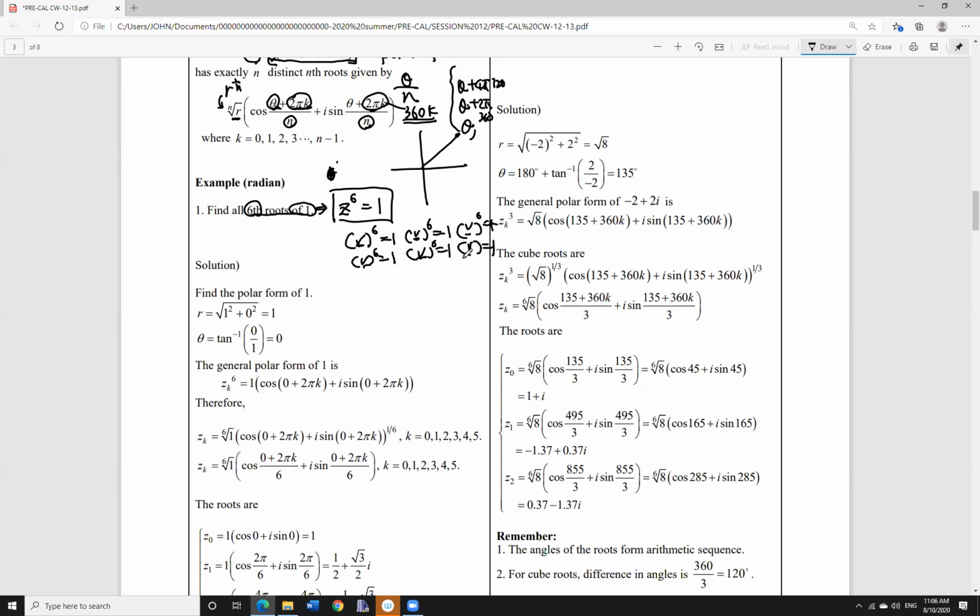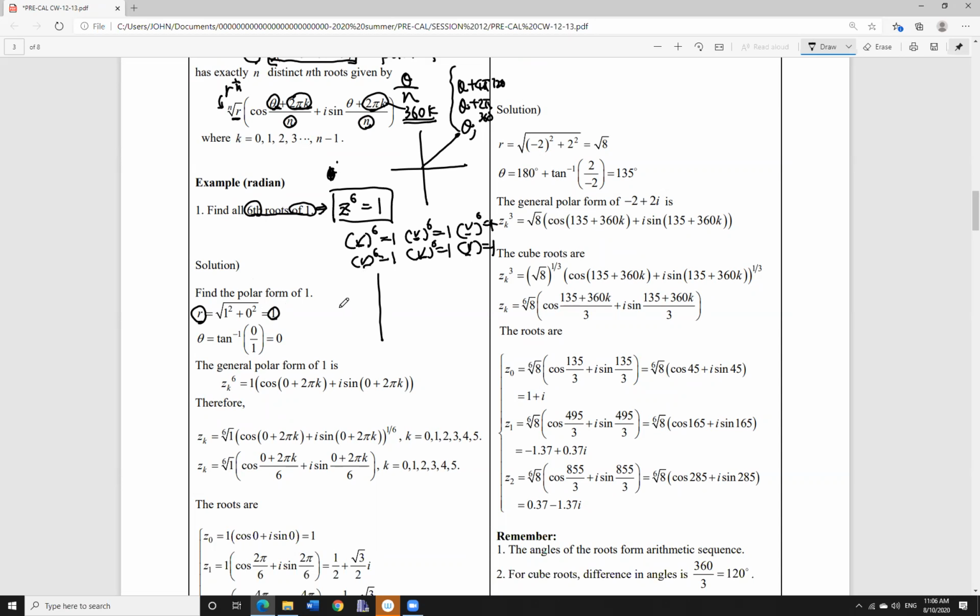What is step 1? Step 1 is always we need the polar form, because we have to use the Moore theorem. What is the polar form of 1? 1 is 1 squared plus 0 squared, that is 1.